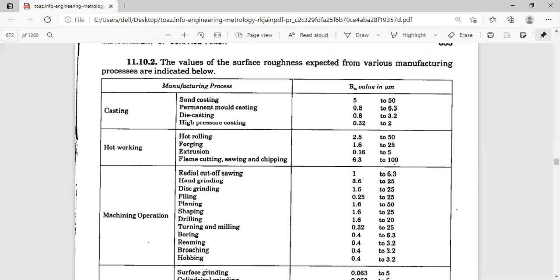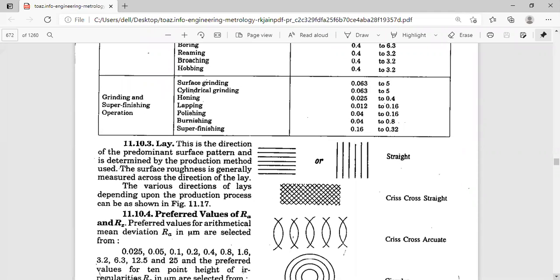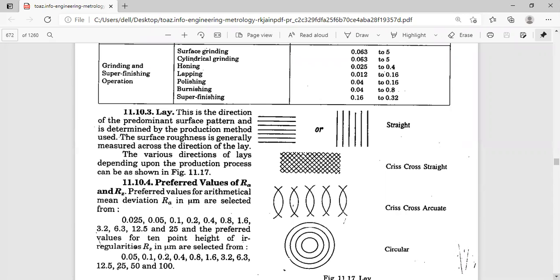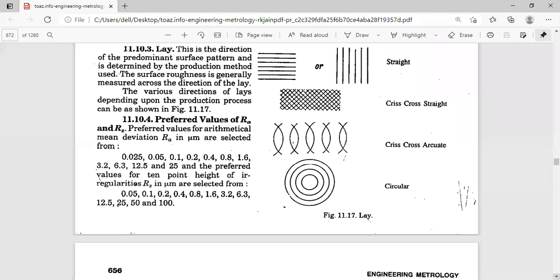If we come across it, we will discuss that also in these slides. Lay we have already discussed: parallel, straight, or cross lay. We have different lays. Here you might have used other words like crisscross. So what are the preferred values of Ra and Rz he has given?